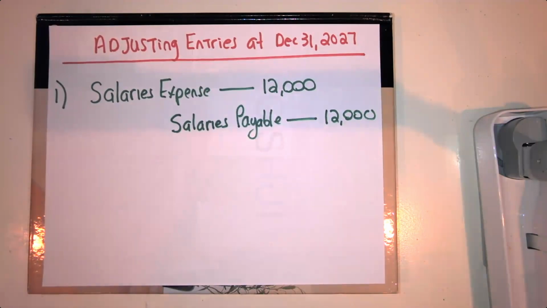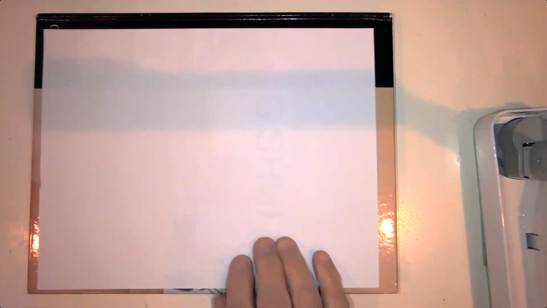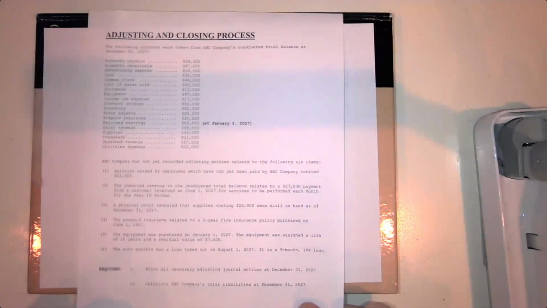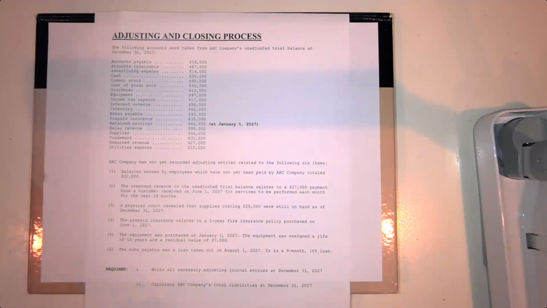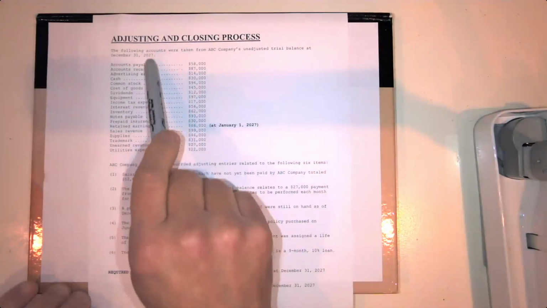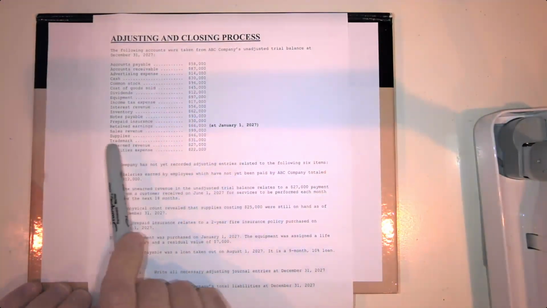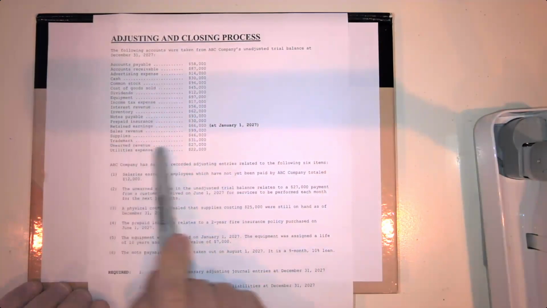All right, let's take a look at some of these that are a little bit more involved. Take a look at number 2. Number 2 says that the unearned revenue in the unadjusted trial balance, and remember, these accounts are listed alphabetically, so the next to the last one here is our unearned revenue.